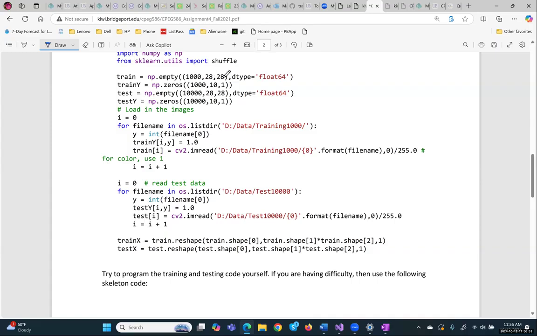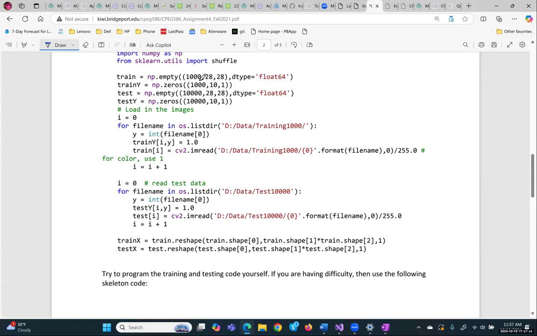If you take a look, train equal to np.empty 1000, 28, 28, dtype float64. Why is it 1000 by 28 by 28? Because the MNIST digits are 28 by 28, and how many are in our training data? 1000, right? So train Y is 1000 by 10 by 1. And why is it 1000 by 10 by 1? There are 10 categories of images.